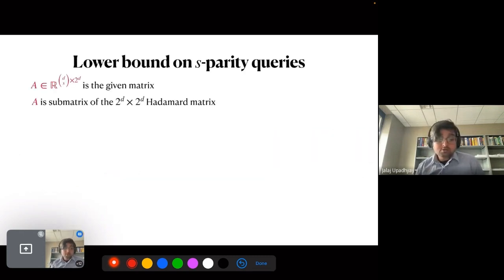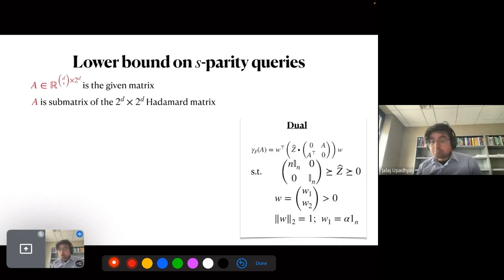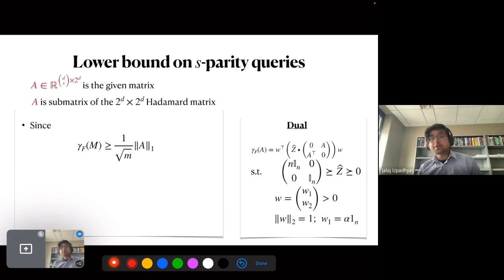We can also use our lower bound to prove a nice result for parity queries. For parity, things are very simple. My matrix A is just the Hadamard matrix of dimension 2 to the power of D. I know from my dual characterization that the gamma F norm is lower bounded by the Schatten norm of A by the square root of M. In our case, the square root of M is just D choose S. I know that all the singular values of my A are 2 to the power of D, so I just sum them up.